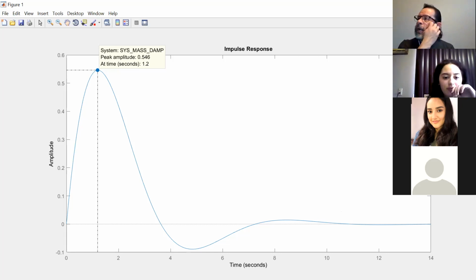Ariane mentioned one thing that's of interest that I would take note of, which is the amplitude. That's data that I need to analyze to see how the system behaves. Can you think of something else that might be important to note in how the system is behaving if we want to eventually modify that? So we've already said the peak amplitude. What else do you think would be of interest?